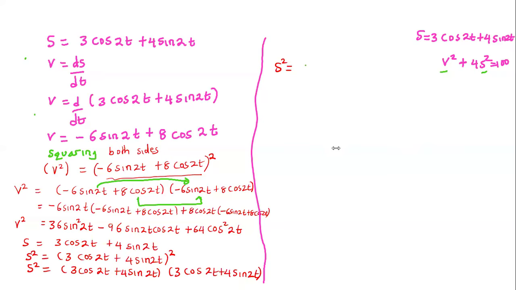Yes, Abu? So when we expand, we will have 3 squared, that is 9 cos squared 2t, plus 16 sine squared 2t, plus 3 times 4, that is 24 cos 2t sine 2t.